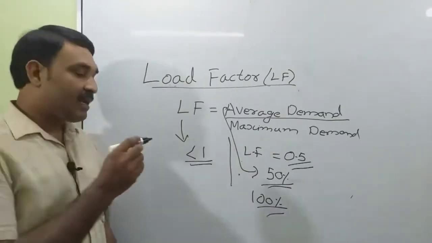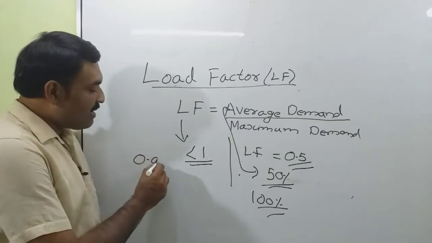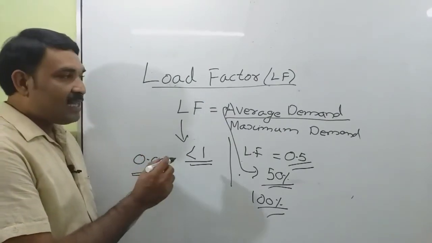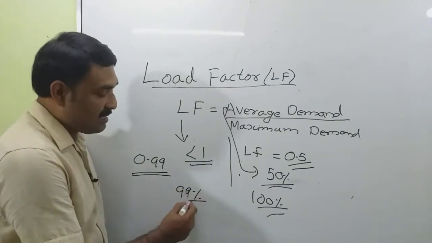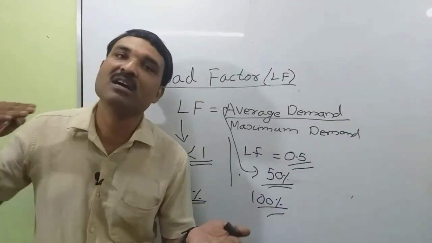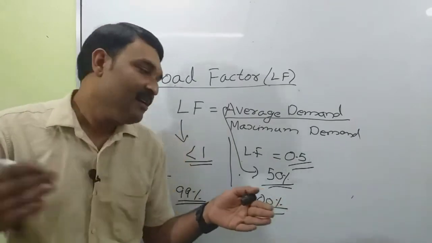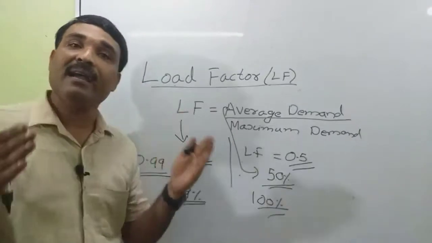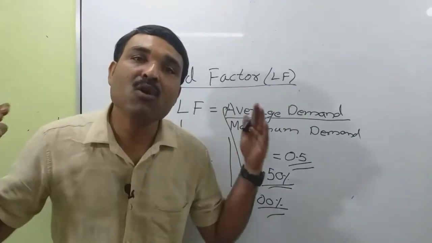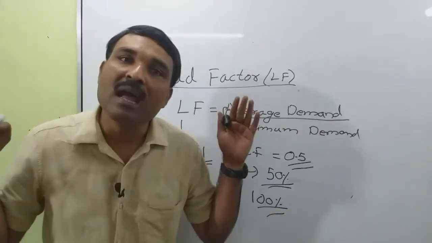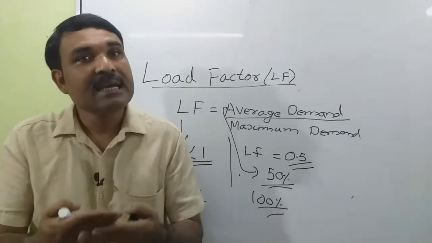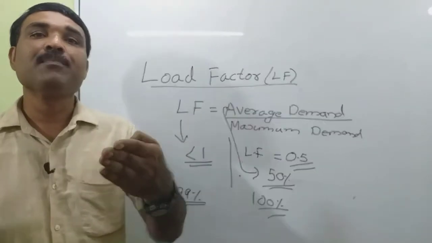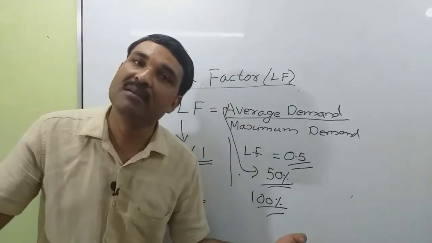Suppose the load factor is 0.99. That means the average demand is 99%. We have to produce 100% so as to meet the maximum demand, but the average demand is very high. It will result in less cost of generation, so that is more economical. That is, cost per unit will decrease if average demand is approximately equal to the maximum demand.